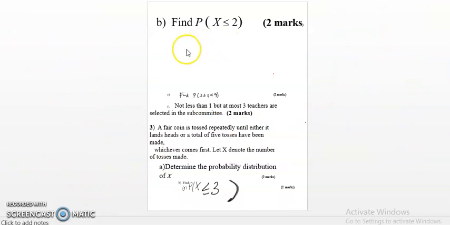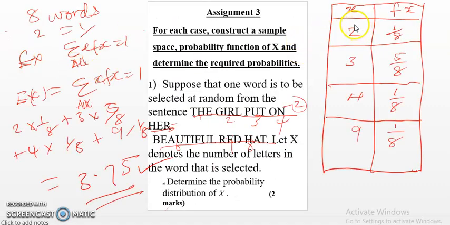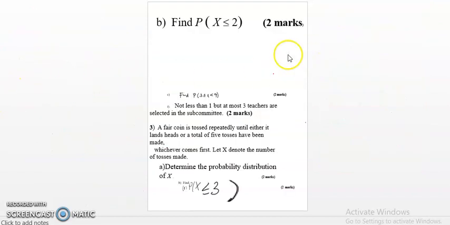We are now to find the probability when x is less than or equal to 2. We know that from the table we only have the value of 2. X is not less than 2. Anything less than 2 that is not in this table is simply 0.